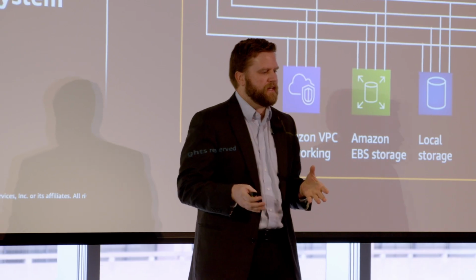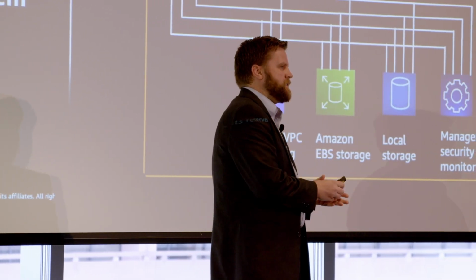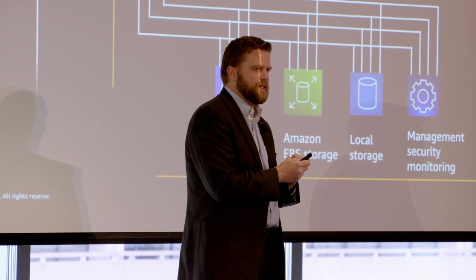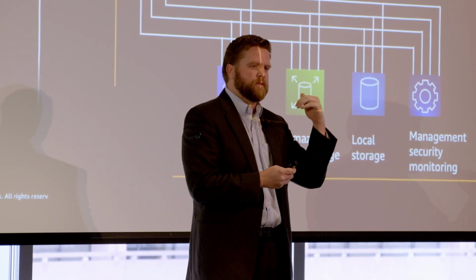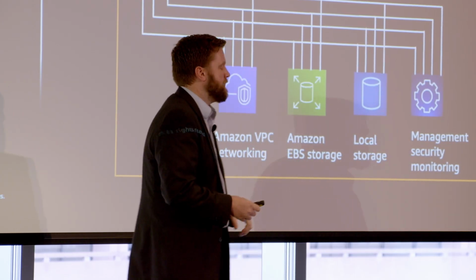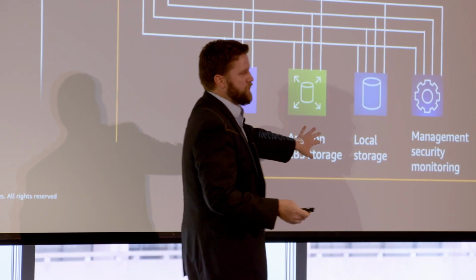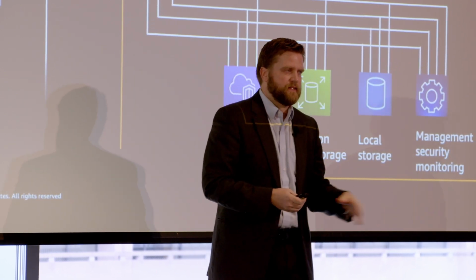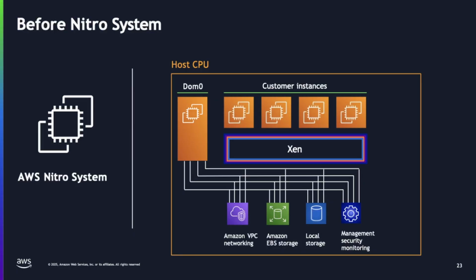That's basically a storage that can be attached to an instance, but it's not directly attached to the instance, meaning if the instance were to be restarted or killed off, you could attach it to another instance. And then we have local storage, which is ephemeral, meaning it's local to that EC2 instance, and then security management.